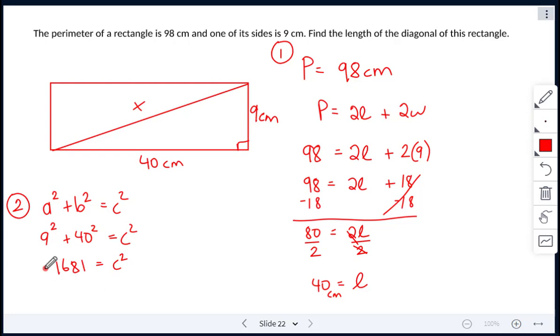Then we have to take the square root of both sides, just like that. Put that in your calculator. And it's equal to 41 centimeters is equal to c, which was equal to x. So that is the final answer of what we were solving for, which was the diagonal of that rectangle.